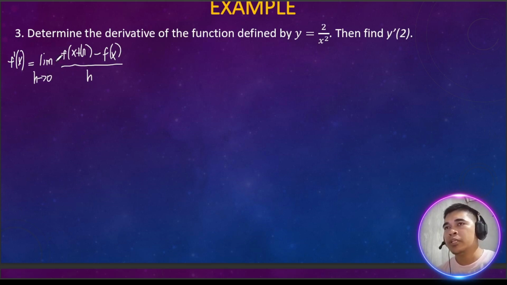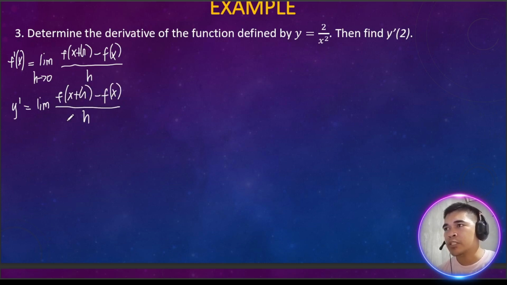So take note, here we have the y prime or the derivative of y. So here we have f prime of x. So we have y prime equals limit of f of x plus h minus f of x all over h as h approaches 0.